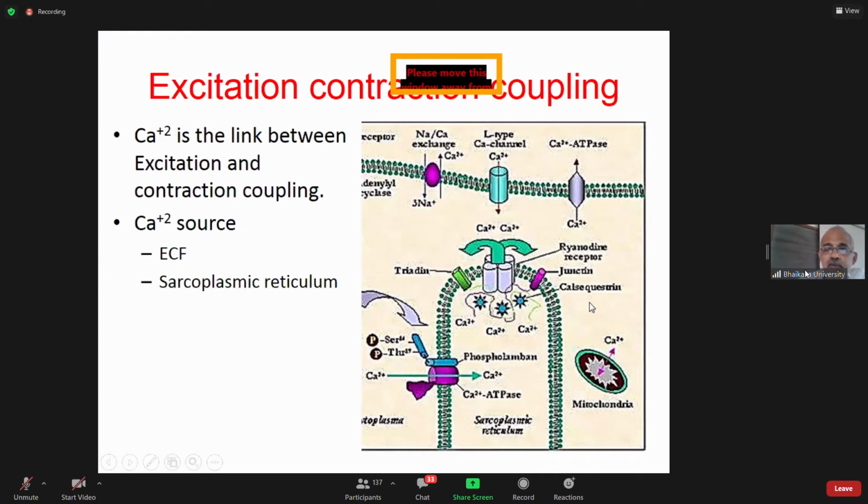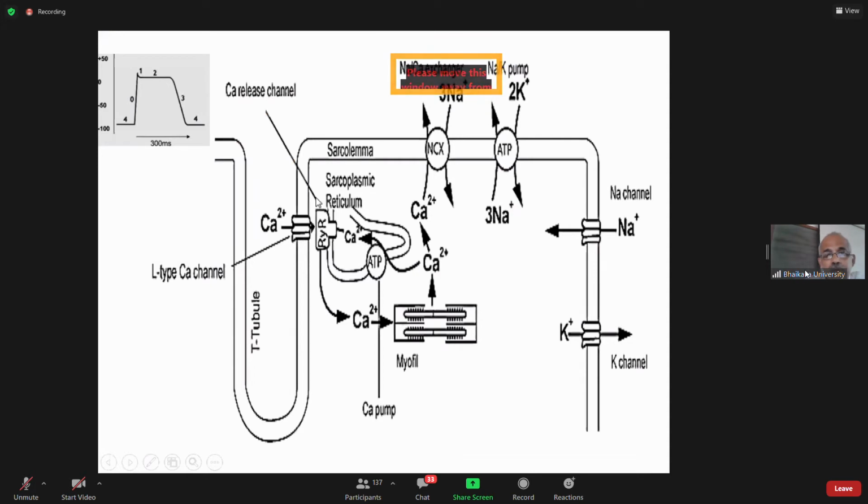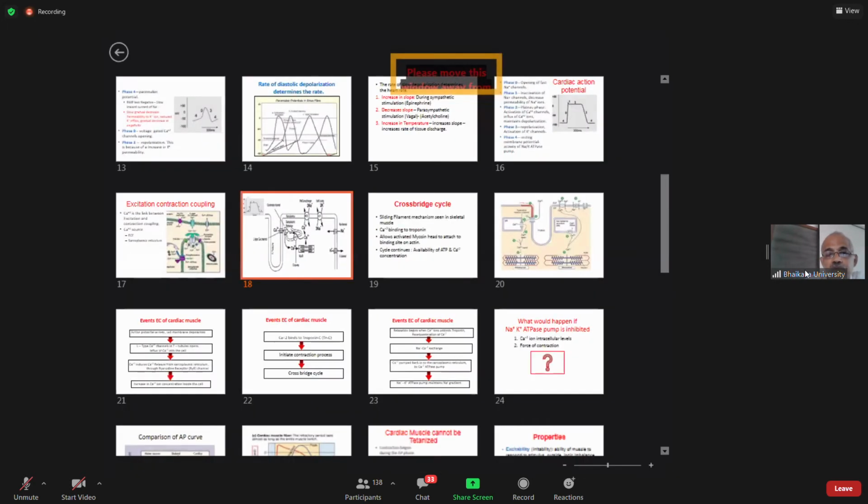When the action potential arrives, calcium ions enter through the L-type calcium ion channels, which will activate the ryanodine receptor channels.